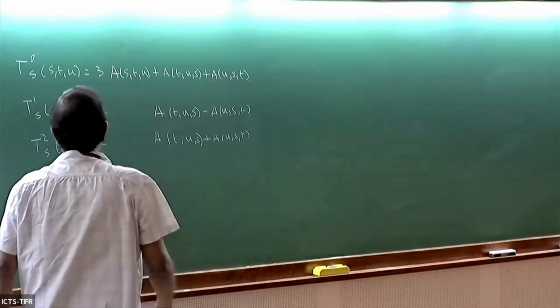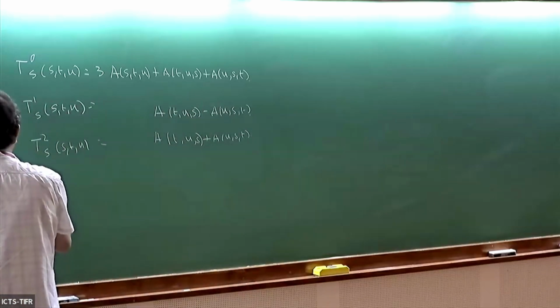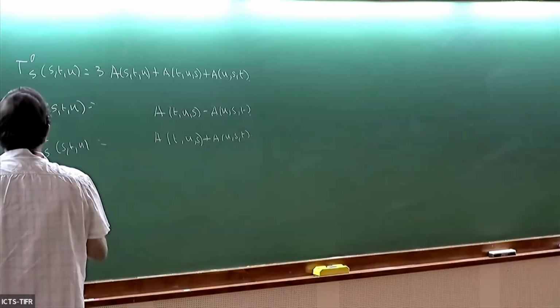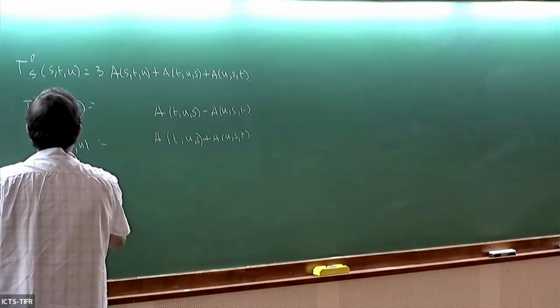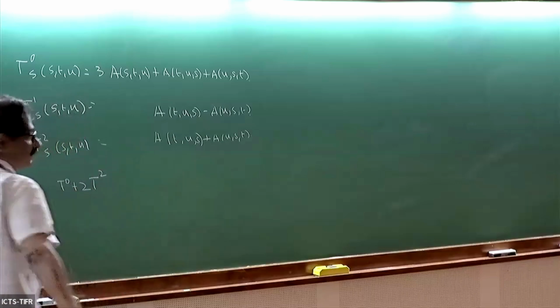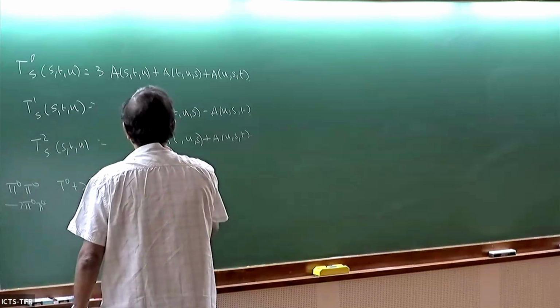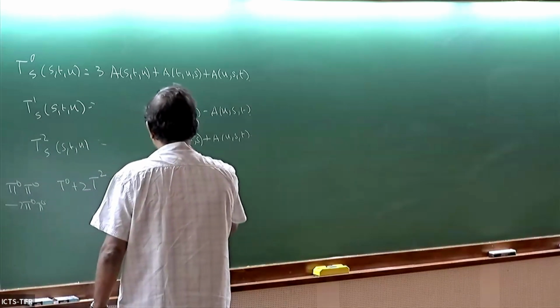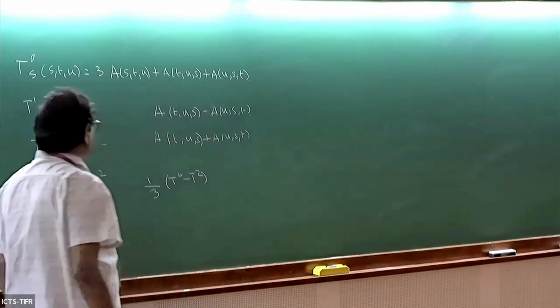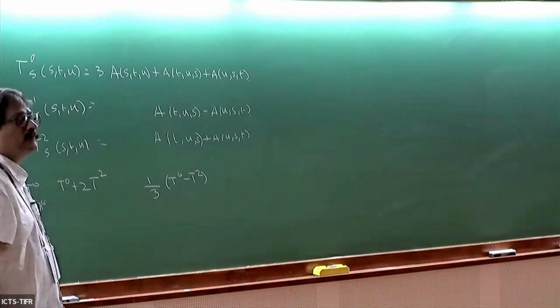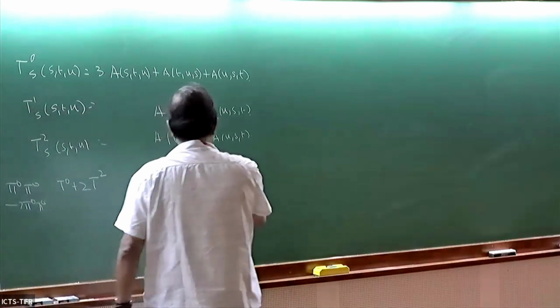It's also good to keep in mind that we had this pi 0 to pi 0, which is a totally symmetric amplitude, which was T0 plus 2 T2, like this. On the other hand, if I take 1/3 of T0 minus T2, what do I get? Just look at this and tell me. It'll give me the A_STU.